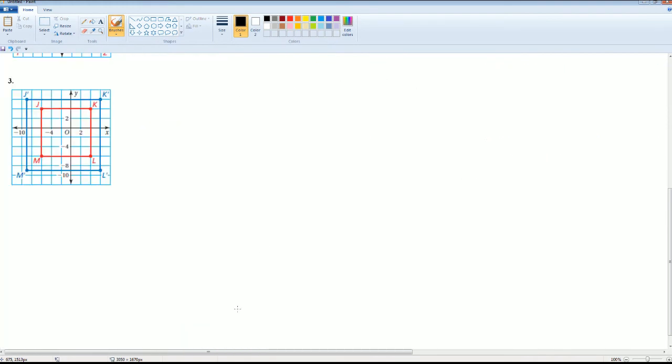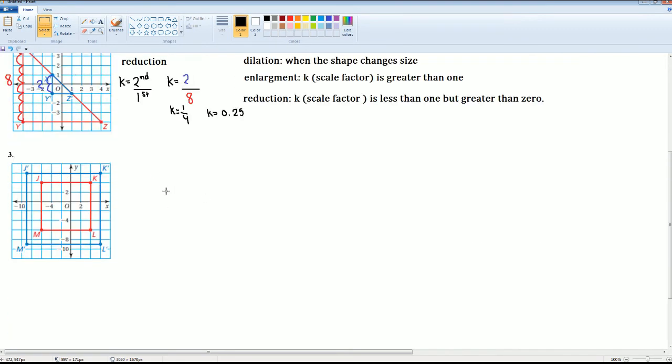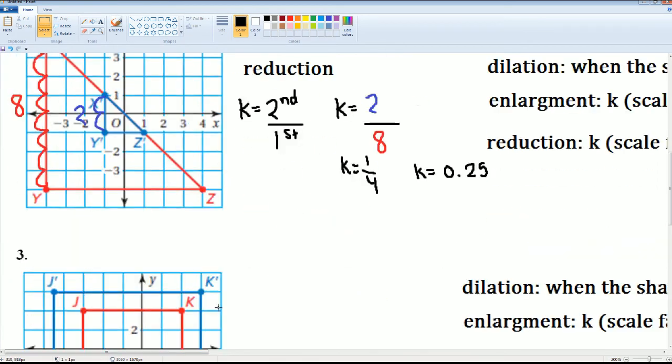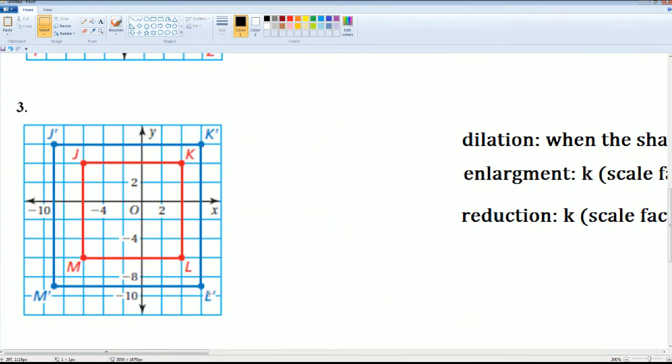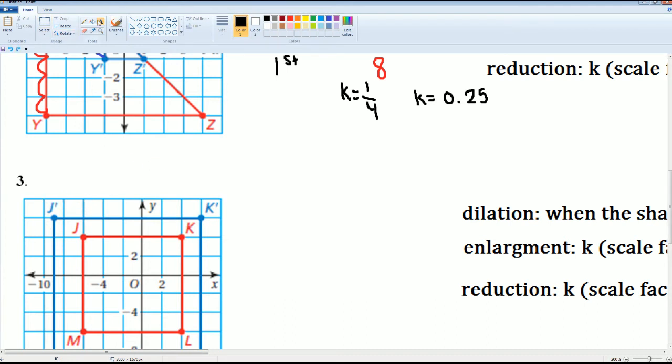Good? Next one, 3. Okay, let's just grab this information up here, right? Just the definitions so we can use it for reference, right? Helps you recall. Good. So again, we start here. We start at the regular letters.